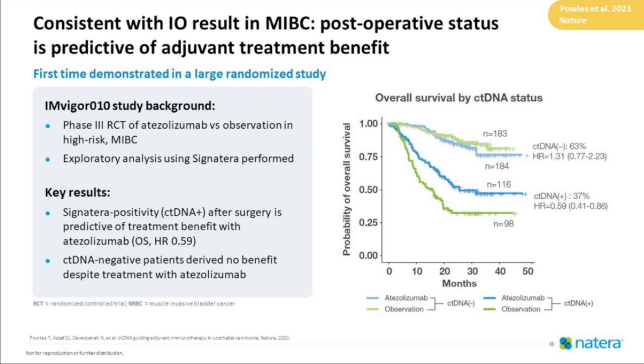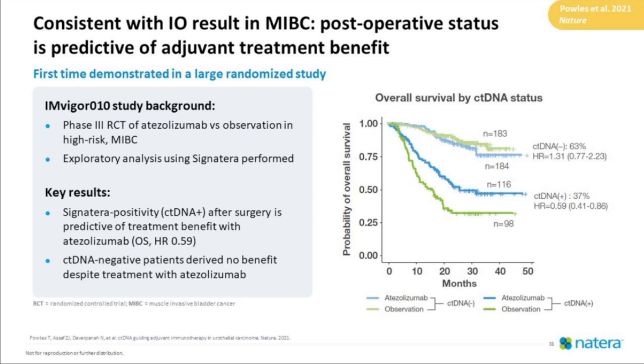And basically, you can see from these slides and these lines on the screen that the ctDNA negative patients who got observation, the light green line at the top, did very, very well. Their probability of overall survival was obviously over 75%.